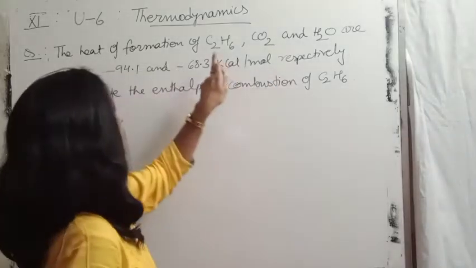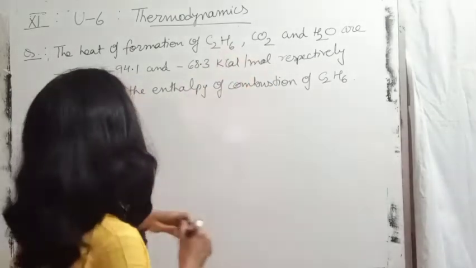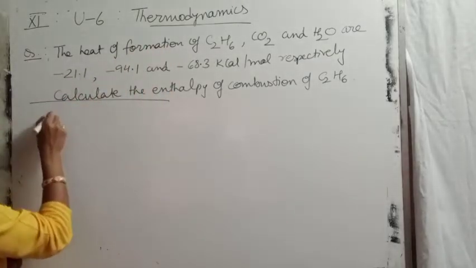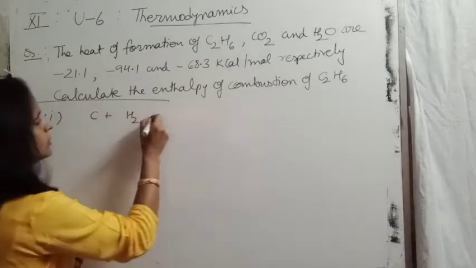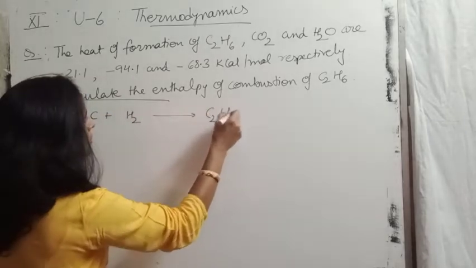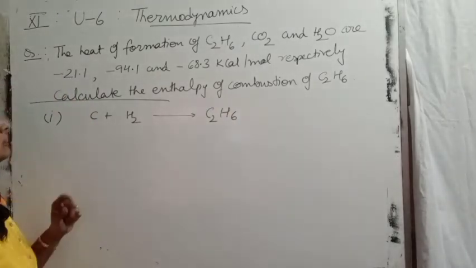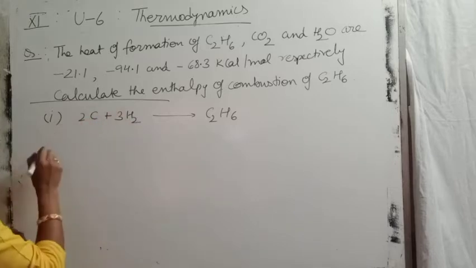So the constituent elements of ethane are carbon and hydrogen. So the first equation we will be writing on this basis, that is formation of ethane, C plus H2 gives you C2H6. Now balance this equation, 2 carbon and 3 hydrogen.